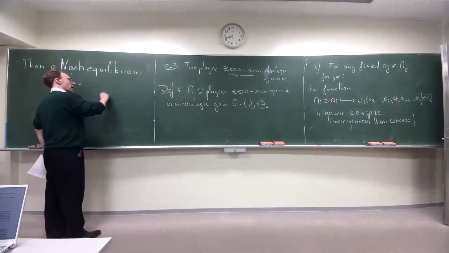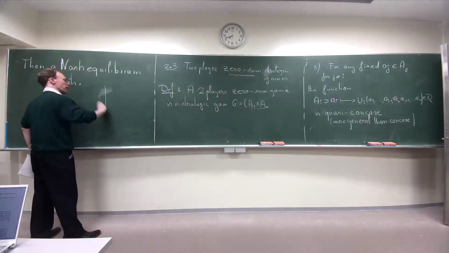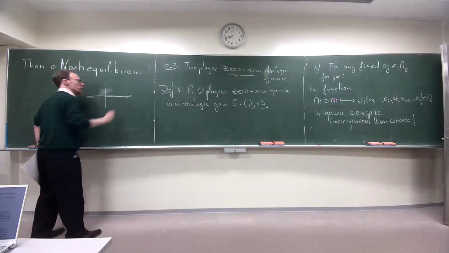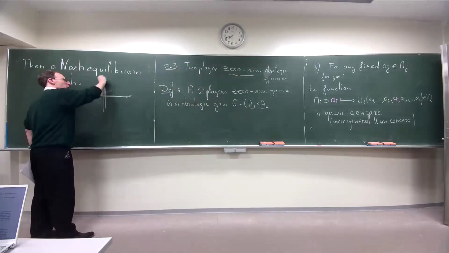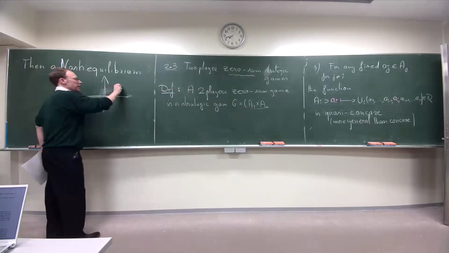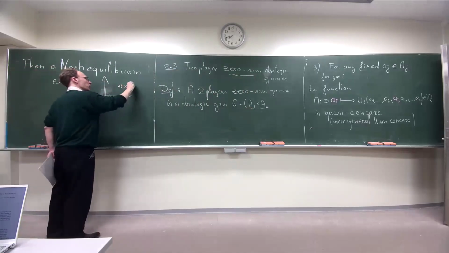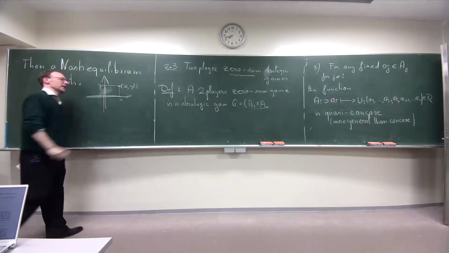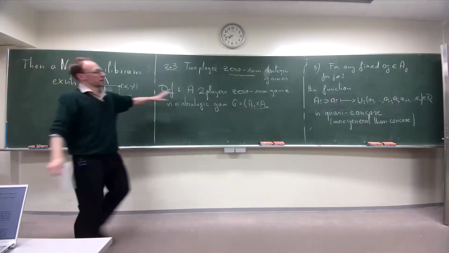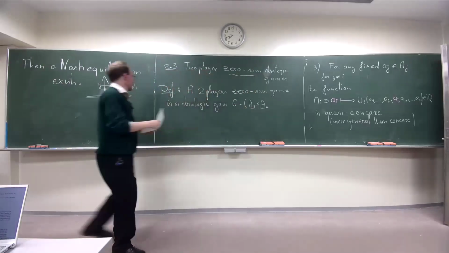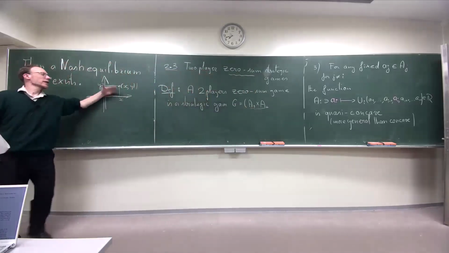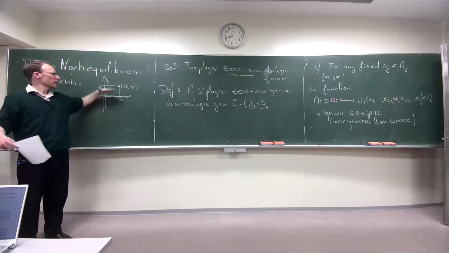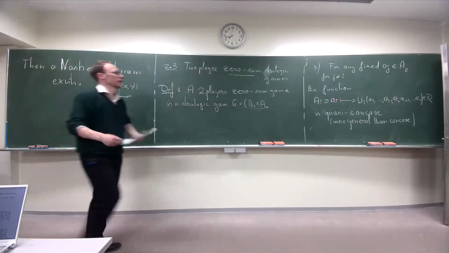Think about the two-dimensional plane. The two-dimensional plane is one copy of R times one copy of R, and any point has two coordinates, x, y. The first coordinate is here, the second coordinate is here. So A1 times A2 is the same. Every point has a first entry in A1, a second entry in A2.